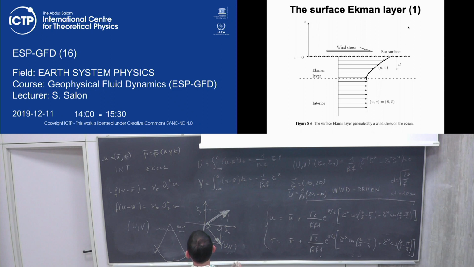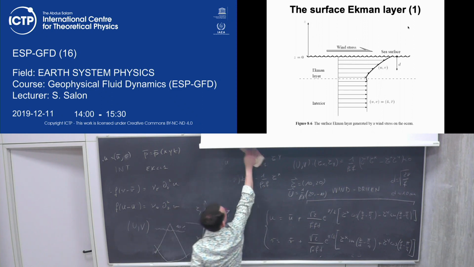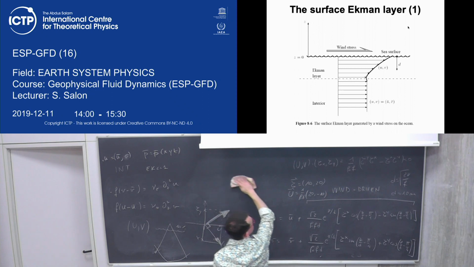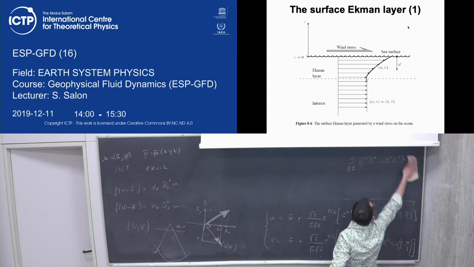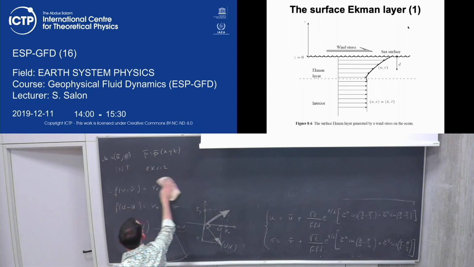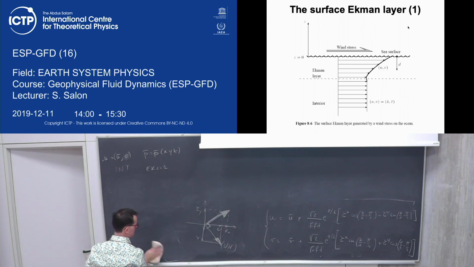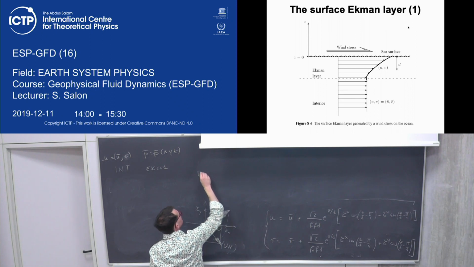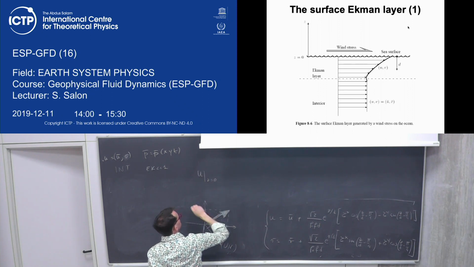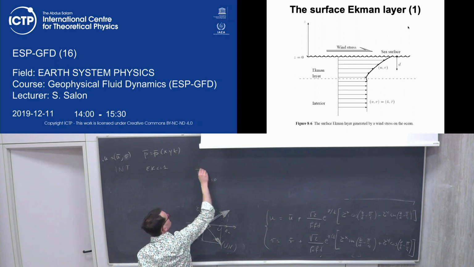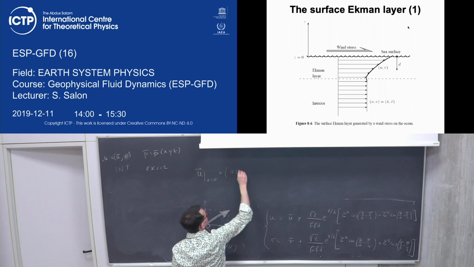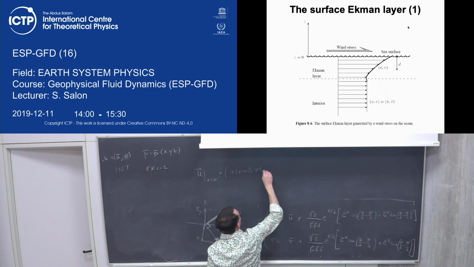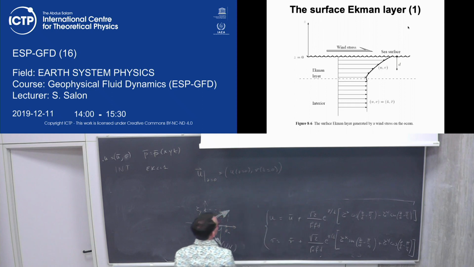Okay, so now I can delete this. We want now to calculate another important value, which is the value of u at z equal to 0, u(z=0), v(z=0).